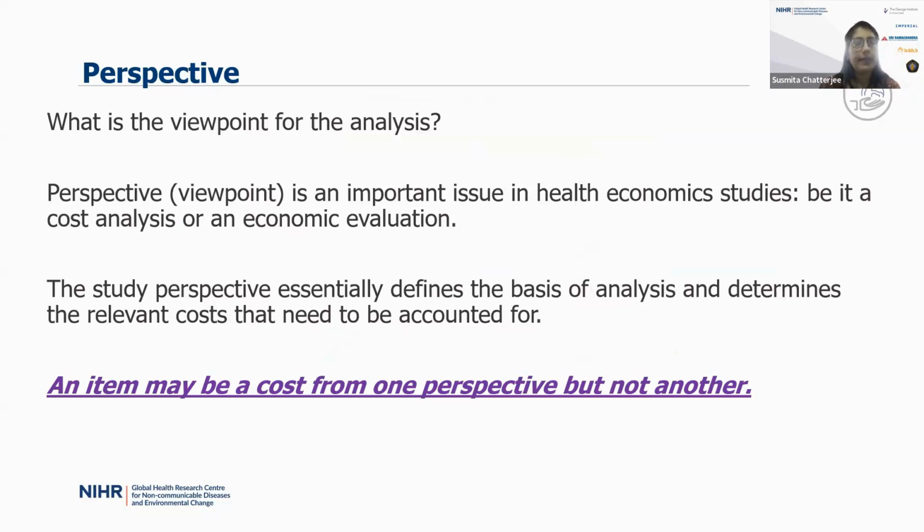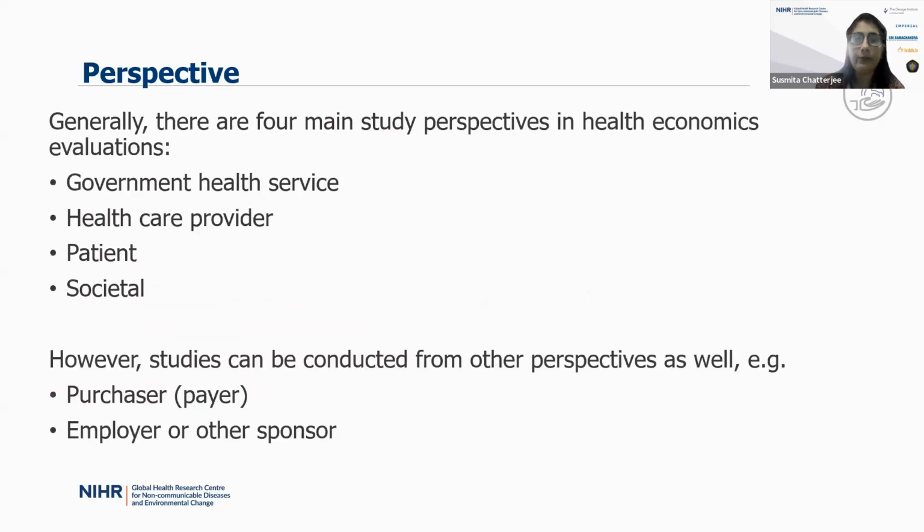This is what actually happened. I have seen that costs from another perspective came in when they were thinking of one perspective, because it was not clear. So at the end of the day, the underlined and bold thing is that an item may be a cost from one perspective, but not another. That's why you have to be very, very careful.